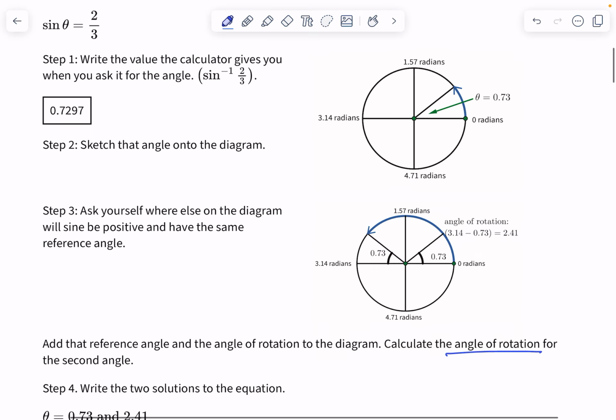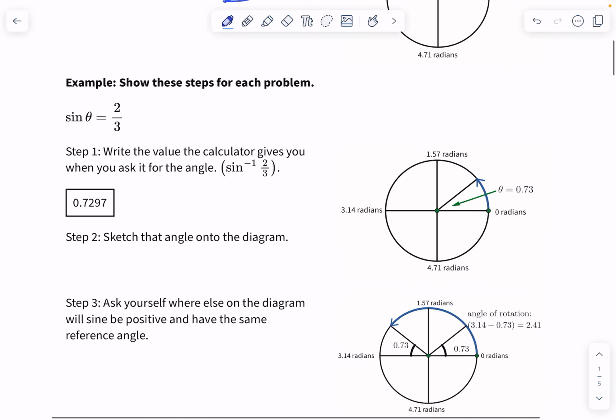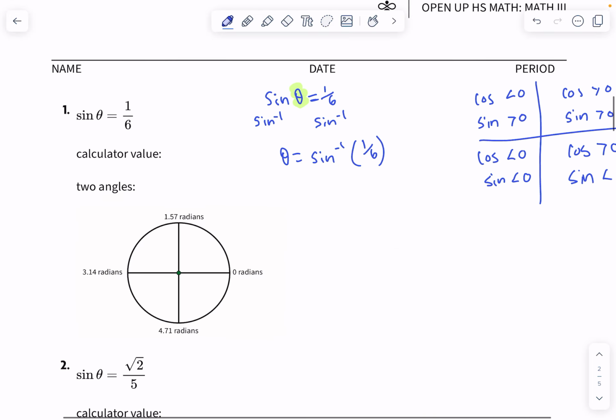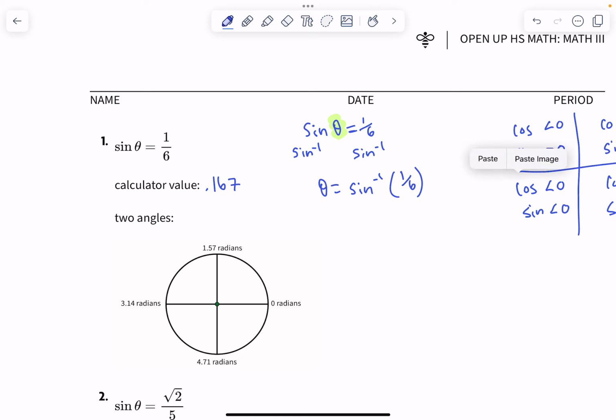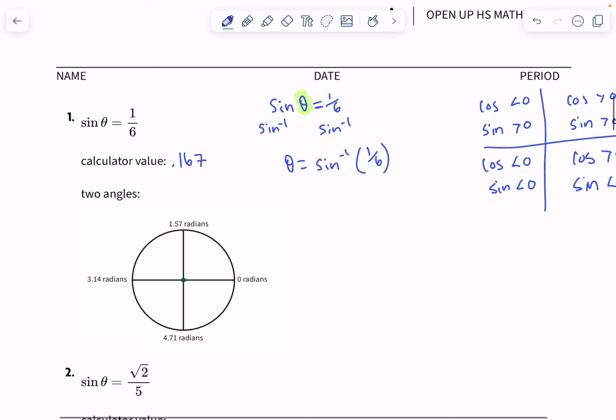Let's do 3 decimals for that one. Okay, so now we know that one of these angles is 0.17, 2 decimal places, so you can just say that this is 0.17, right?